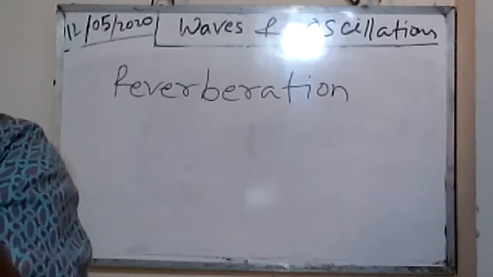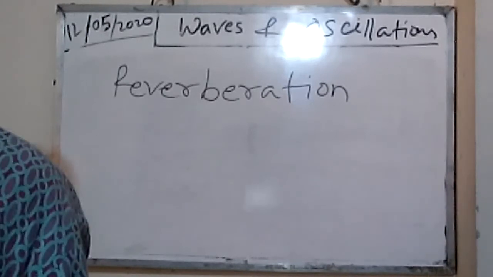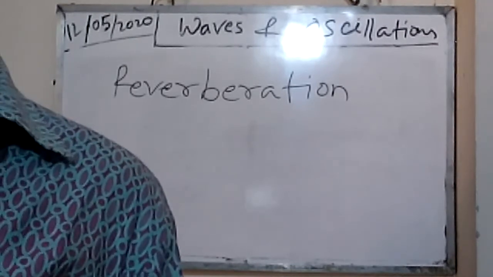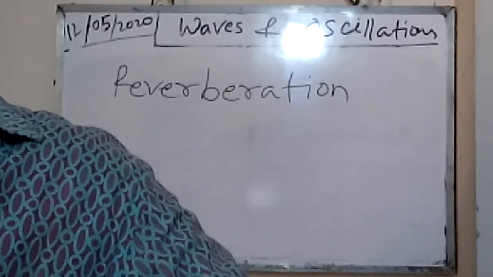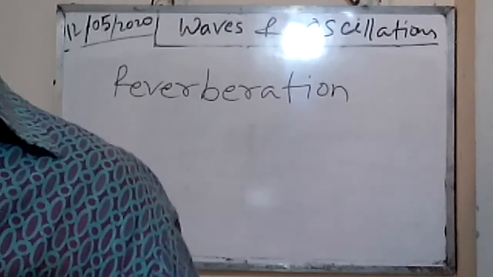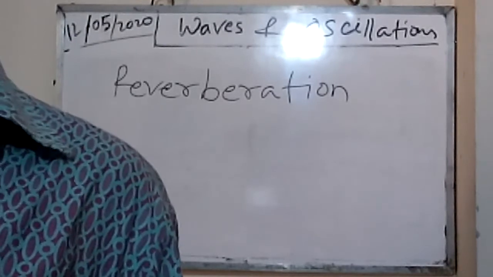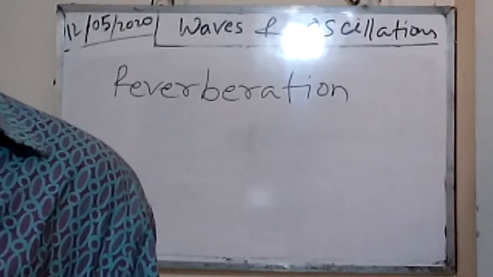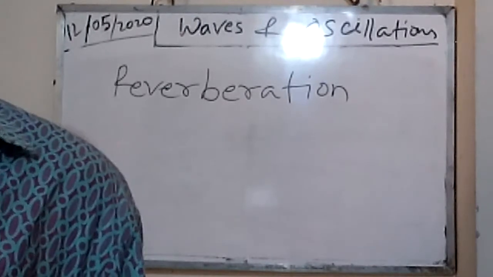That means 100 by 100, which means 1. Now if the wall of a room is 1 inch fiberglass, the energy reflection will be 20%.